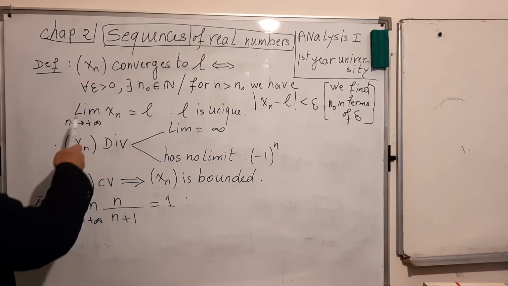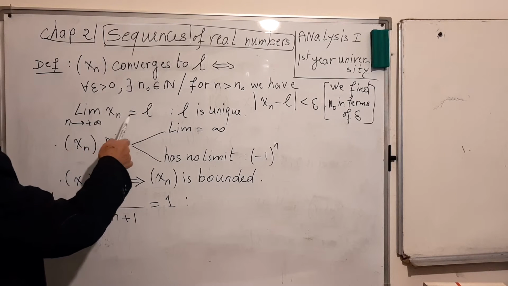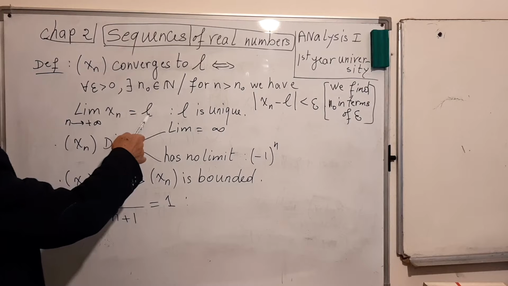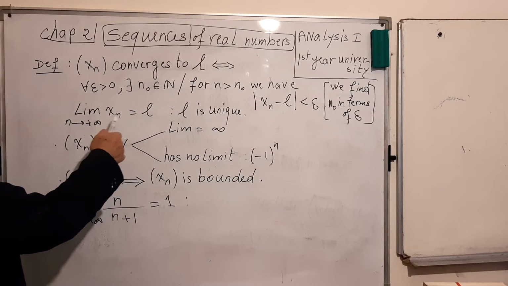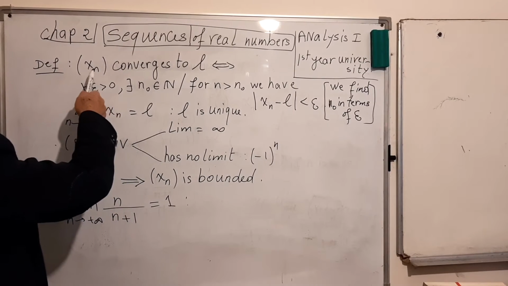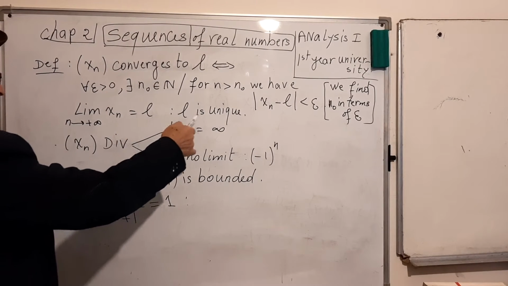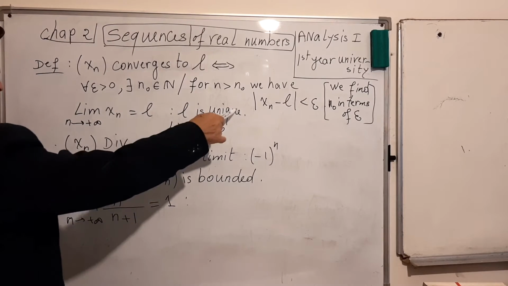We write limit xn as n tends to plus infinity equal L. Limit of xn equal L if xn converges to L. L, the limit, is unique.